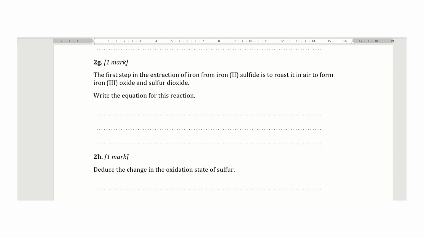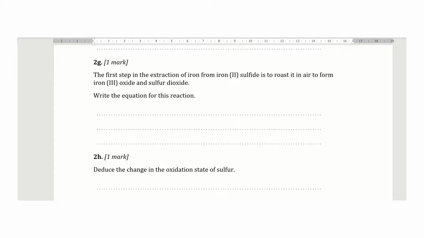Okay, the next question says, the first step in the extraction of iron from iron 2 sulfide is to roast it in air to form iron 3 oxide and sulfur dioxide. And then it asks you to write an equation for this reaction. Now, you need to understand that most of the time you have the answer of the equation in the actual question.